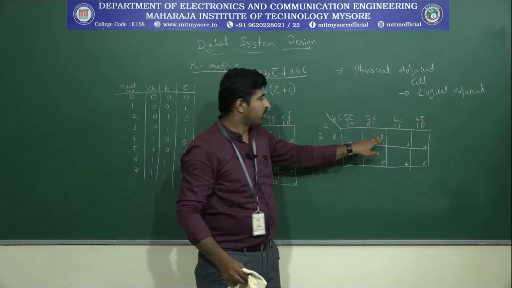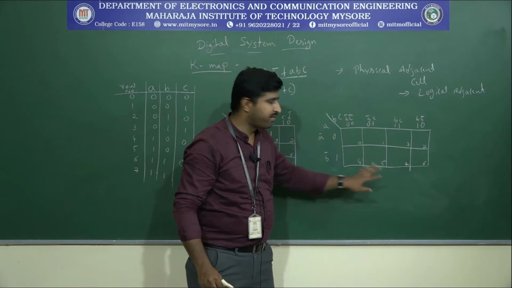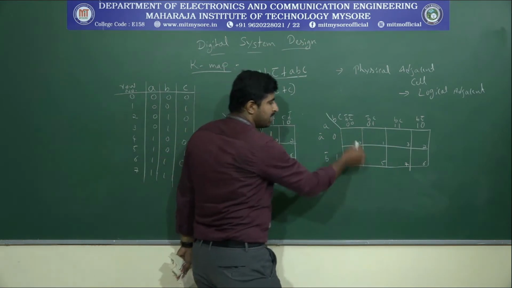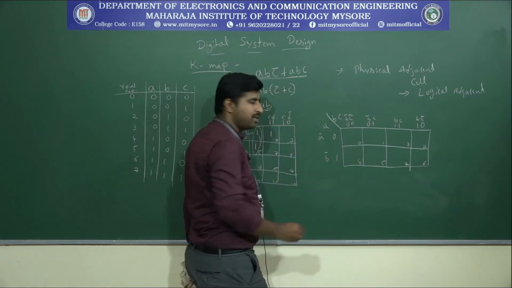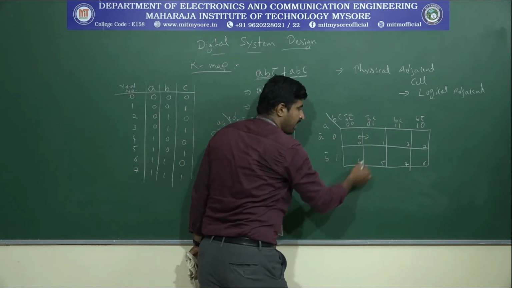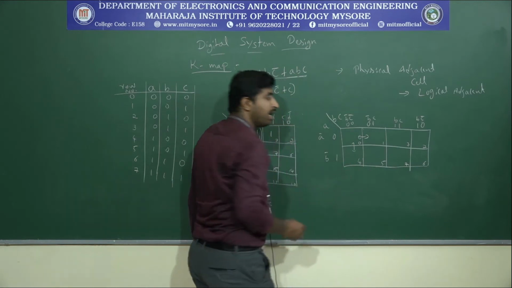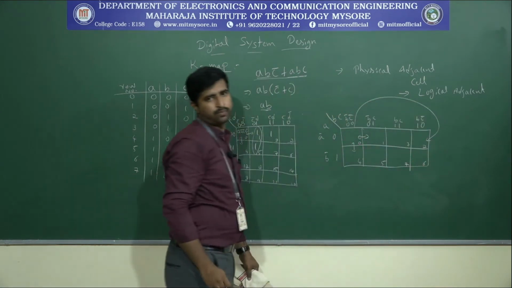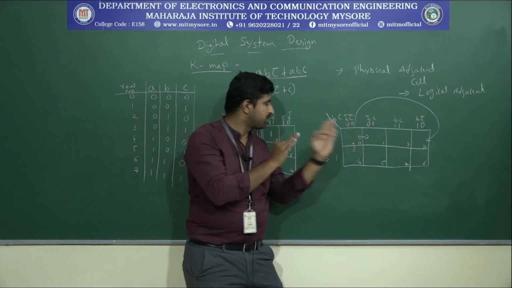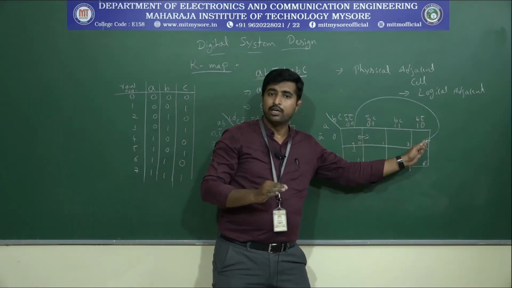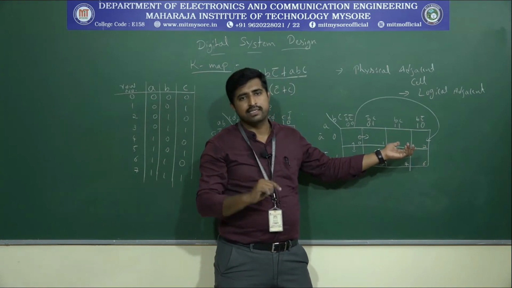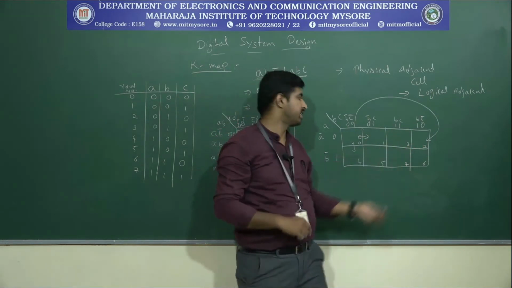Here are cells 0, 1, 2, 3. I have written the 3 variable K-map. Cell number 0 will be adjacent to cell 1 and even to cell 4, and it will also be adjacent to cell 2. If you fold like this, 0 will be adjacent to 2 also. Why? Because both are logically adjacent. So we can say these are physically adjacent.